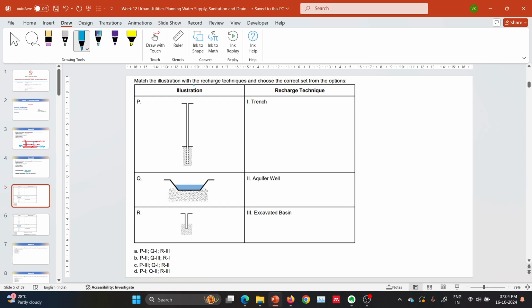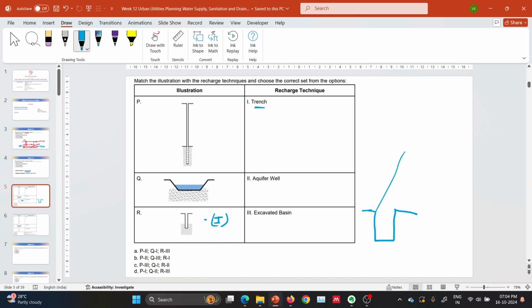Match the illustrations with the recharge technique and choose the correct set from the options. So trench is this one. R is I, the first one. If you make a trench in 3D, it will look like this.